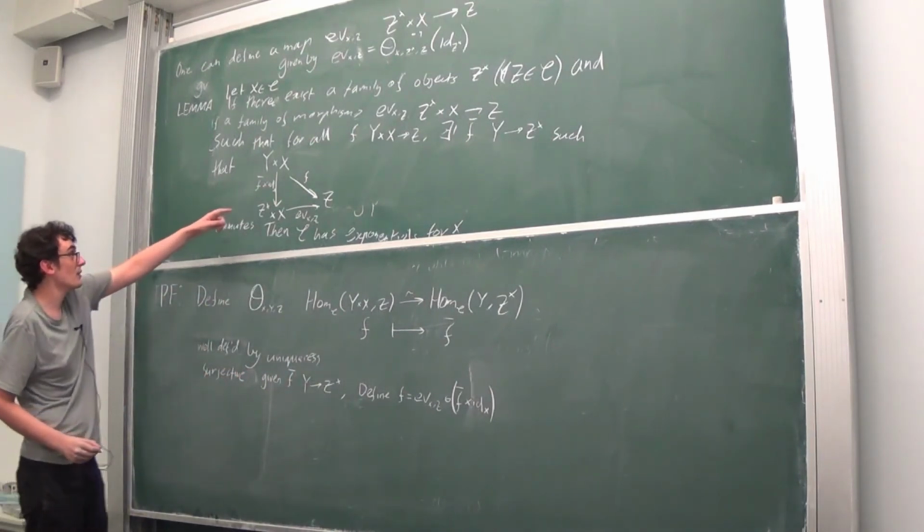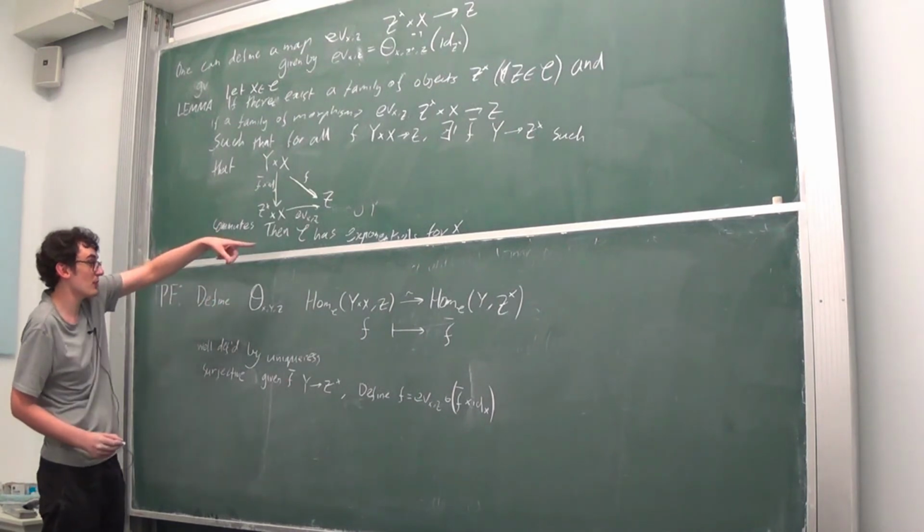Which is clearly going to satisfy the property that we want, precisely because that diagram commutes.